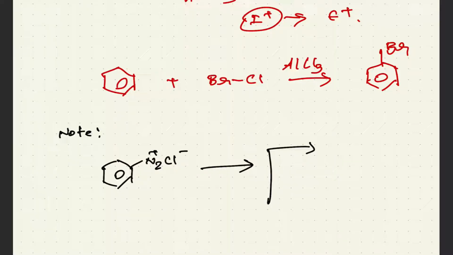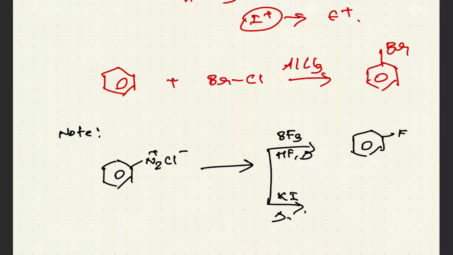There are two types of reactions that you can learn as well. One is using BF3, HF, and some heat. Another one is by KI. This is for iodination. This is for fluorination. You get this, and due to iodination, you have this.